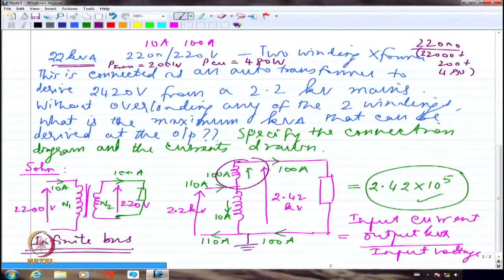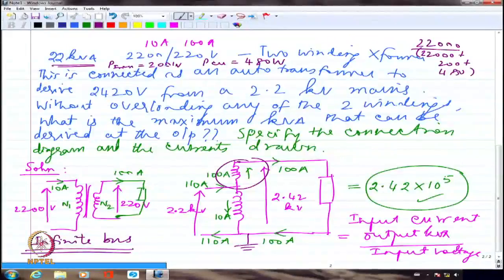I hope you understand. We are still applying 2200 volts for the primary and I am having only 50 hertz. So the flux established is the same. And I am still drawing only 100 amperes of current from the secondary and 10 amperes I am supplying to the primary. So the copper losses will not change. But the output power has multiplied by a huge factor.